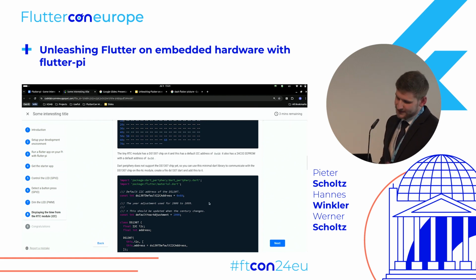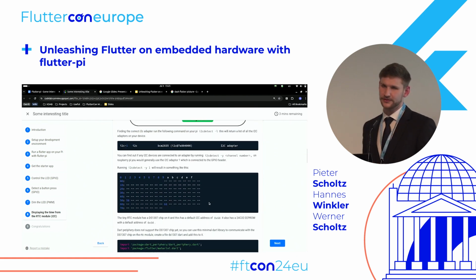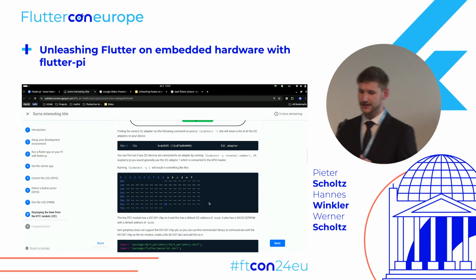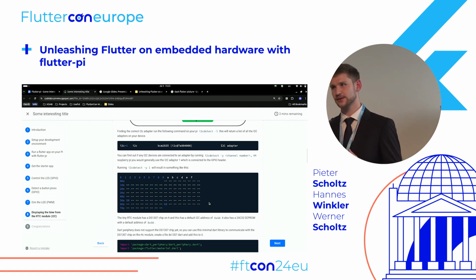Okay, so in this case, using dart_periphery with I2C, there's not a library or an implementation for communication with a DS1307 chip that's on the RTC module. Not in Dart anyways. There are some other libraries. There's a C++ library that allows you to communicate with it.